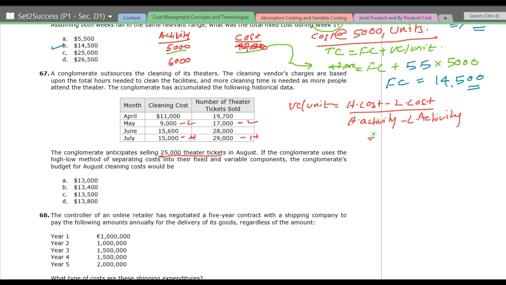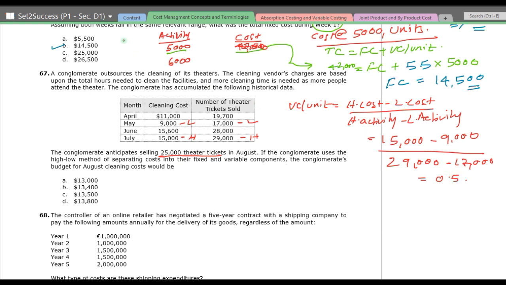That is highest cost 15,000, lowest cost 9,000, highest activity 29,000 and lowest activity 17,000, which comes to 0.5.